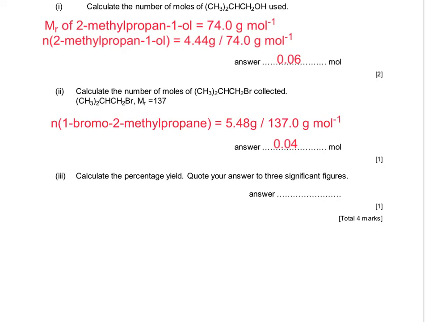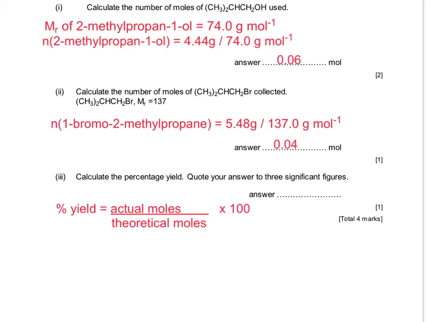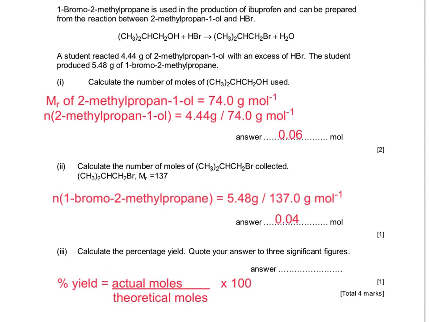So let's get everything that we need put in. So our calculation should be based around that idea. So the actual moles that we got was 0.04, and the theoretical moles, because it's a 1-to-1 mole ratio, should be 0.06. So just to confirm that, if we go back to the top of the page, you can see it's a 1-to-1 mole ratio.